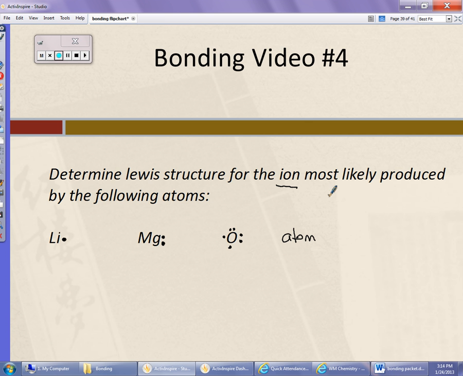Now we want to find out the octet rule. During covalent bonding, we talked about them sharing electrons to reach the octet. Here they're going to be gained or lost because we're transferring the electrons from one thing to the next. For lithium, in order to get 8 on the outside, he can gain 7.